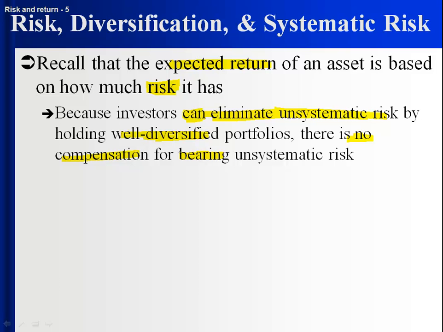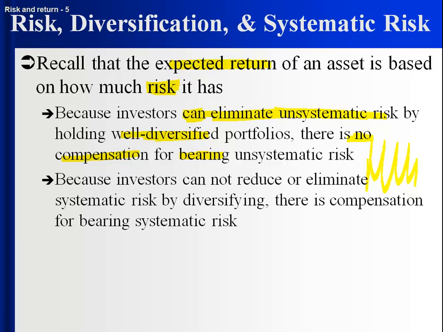So even if I have one stock and it's bouncing around like crazy because of unsystematic risk, I don't get any compensation for the risk associated with the response of that stock to individual news. Why? Because if I held it in a well-diversified portfolio, I could have a portfolio that wasn't affected by unsystematic risk, and so no one's going to pay me for taking on risk that I can avoid.